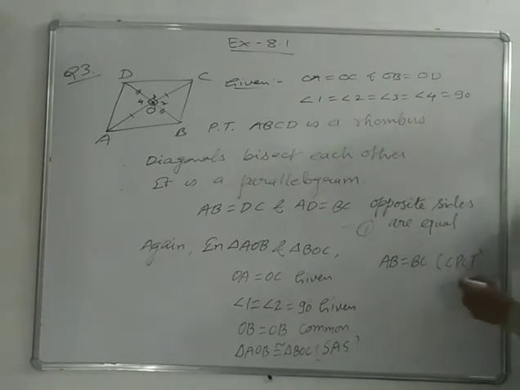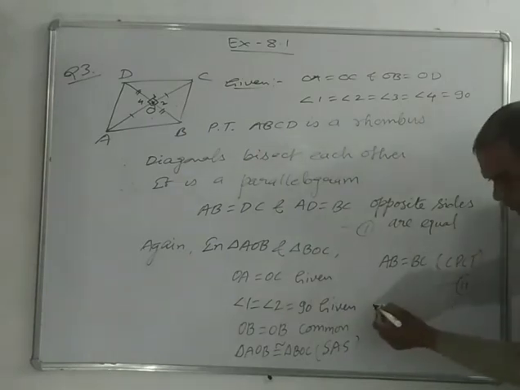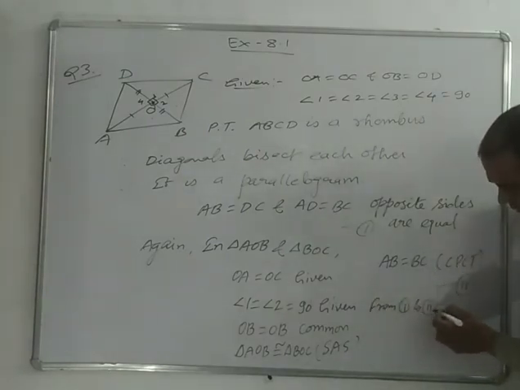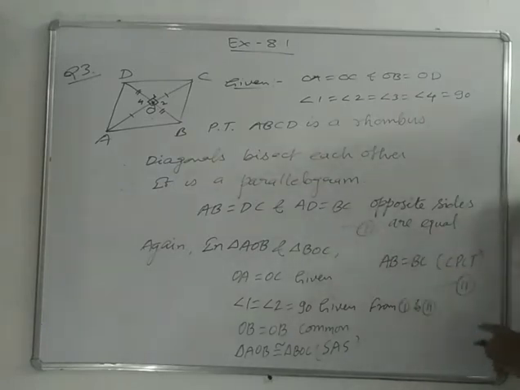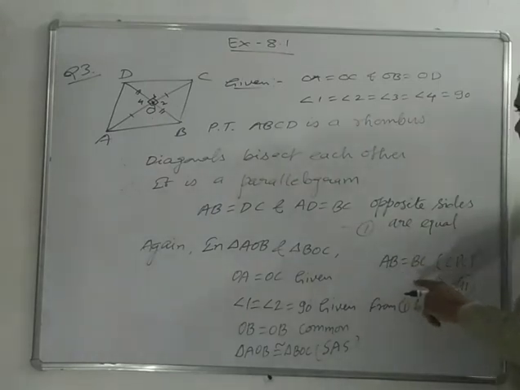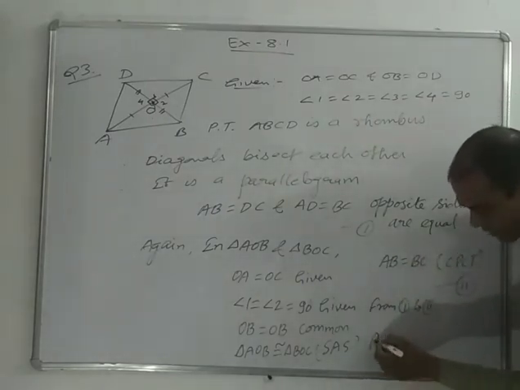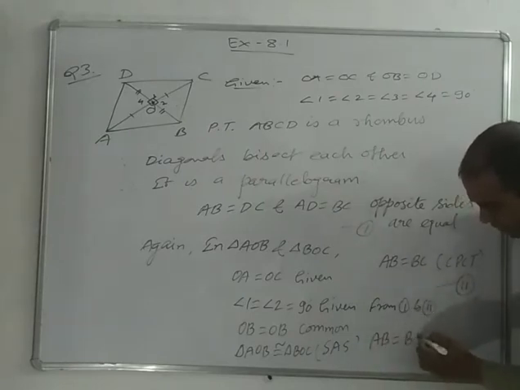CPCT. Take this as equation second. So from first and second, opposite sides are equal in equation first, and in equation second, adjacent sides are equal. So all sides are equal: AB equal to BC equal to CD equal to DA.